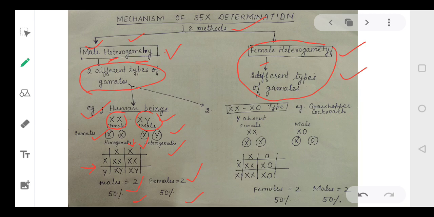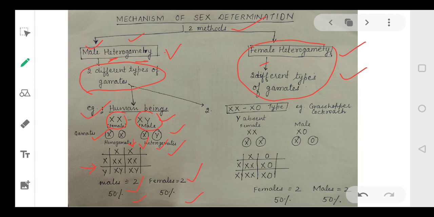Okay, or you can say sex of the child will be female. And if the sperm having Y chromosome fertilizes the egg, then the sex of the child will be male.